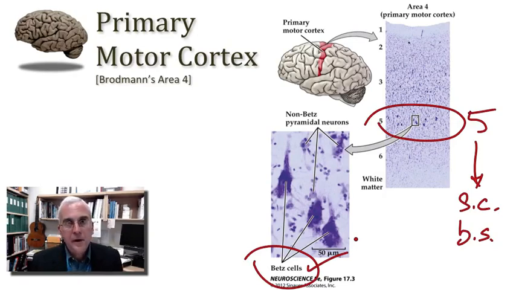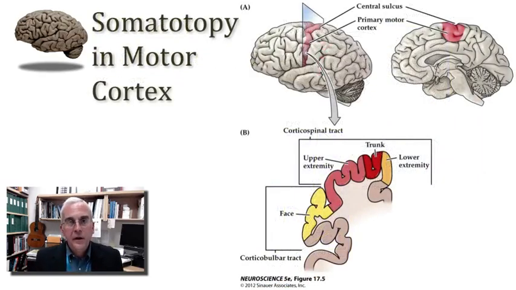Now let's talk some about the way the body is mapped out in the motor cortex. So we can recognize a kind of body mapping or somatotopy in the motor cortex. And generally speaking, along the length of the central sulcus and the precentral gyrus, there is in fact a kind of somatotopy.